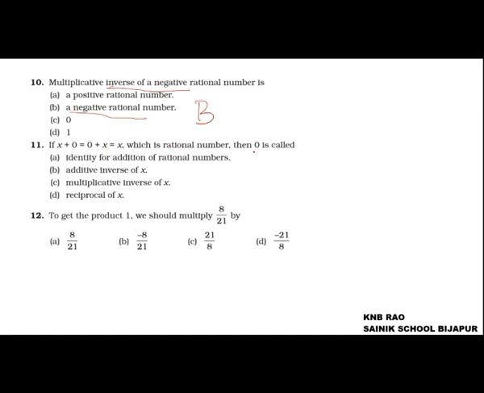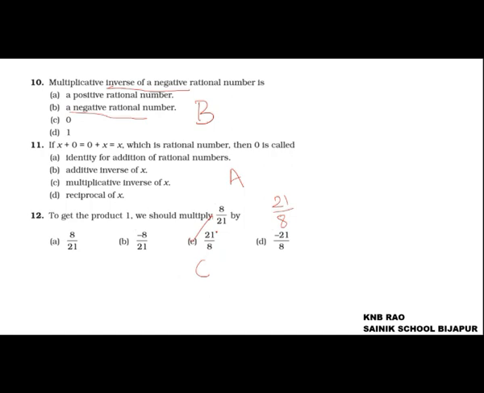For a rational number, 0 is called the additive identity, or identity for addition of rational numbers. So the right option is A. 12th question. To get the product 1, we should multiply 8 by 21 by its inverse, the reciprocal. So C is the right answer.